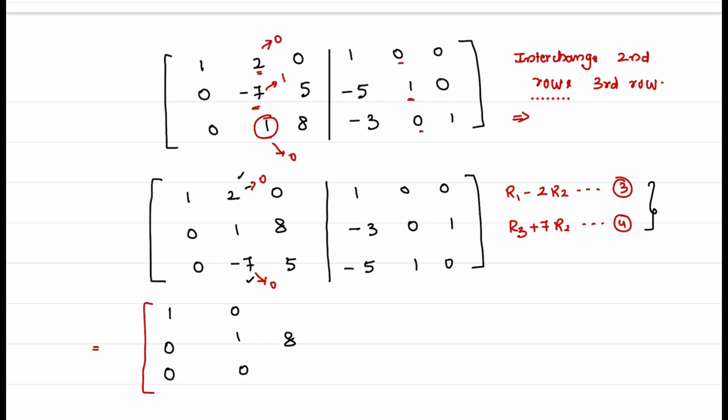R1 is 0. 0 minus 2 into 8 will be minus 16. R3 plus 7R2. R3 is 5. 5 plus 7R2, that is 7 into 8, 56. 56 plus 5 is 61. Now, the same operation we have to do in the unit matrix, the adjoined matrix, because we are doing it for the augmented matrix.